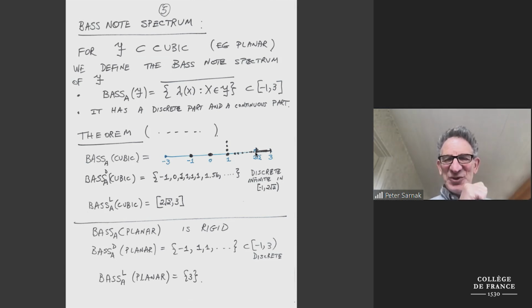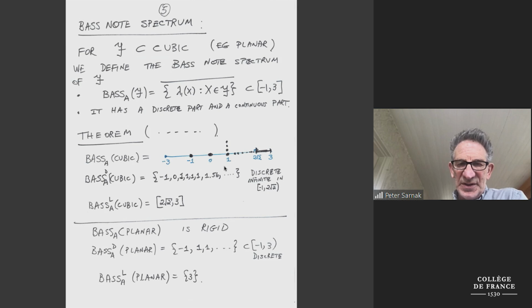That little extra twist is something that I appreciate anyway. Okay, and then you can make lambda 1 dense inside 2√2 and 3. So the base node spectrum has a very beautiful description. It's discrete here. The existence of these infinitely many, as I said, is quite non-trivial.